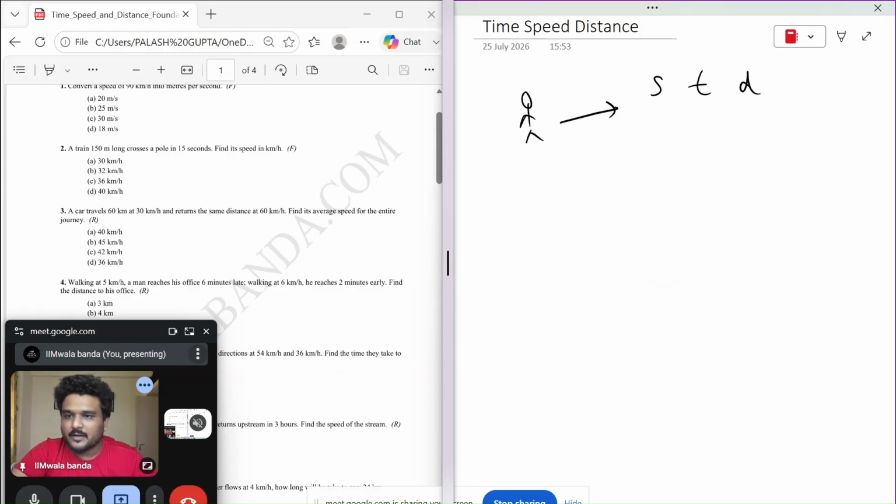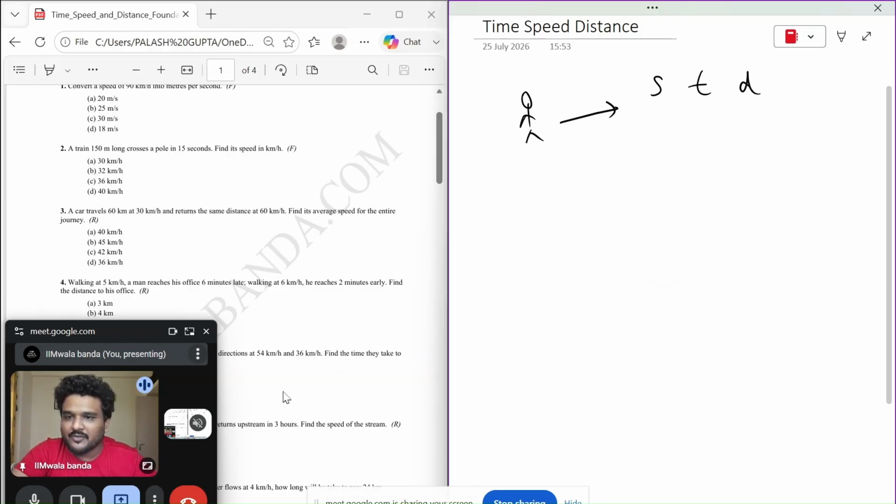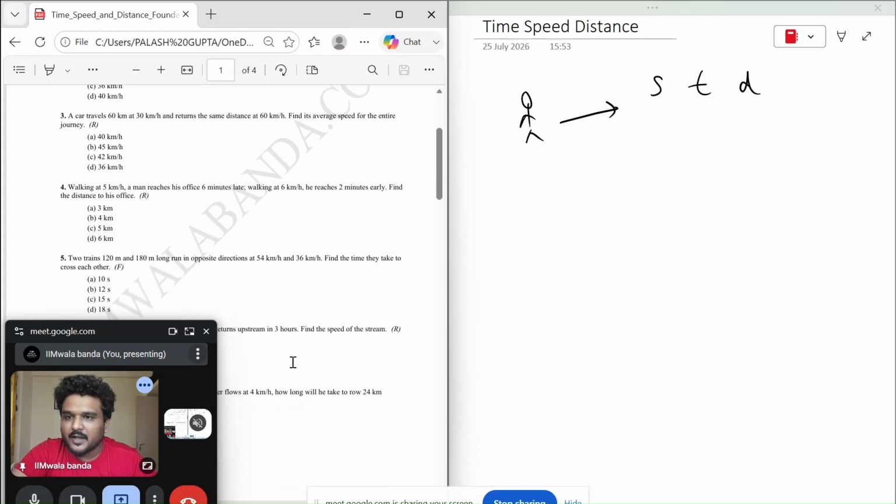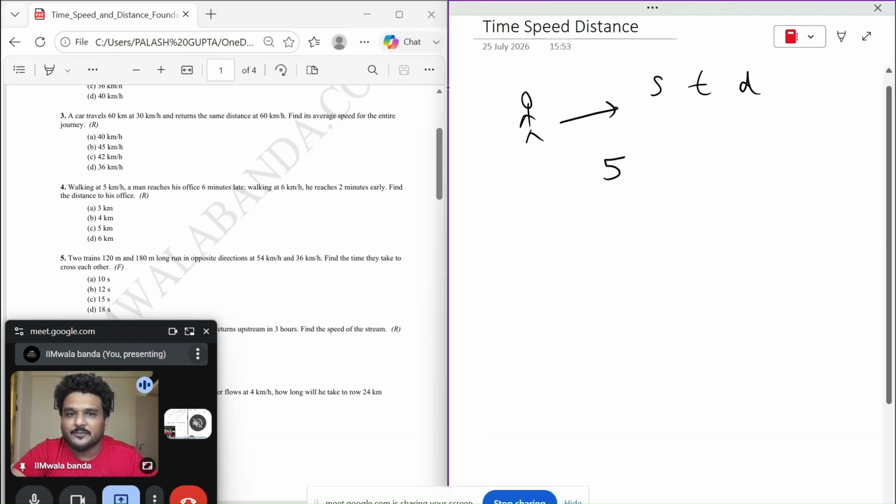So the question is that walking at 5 kilometers per hour, a man reaches 6 minutes late. So I know that it is walking at a speed of 5 and it is reaching 6 minutes late, so it is taking 6 minutes more. And he reaches 2 minutes early when he goes with a speed of 6 kilometers per hour.